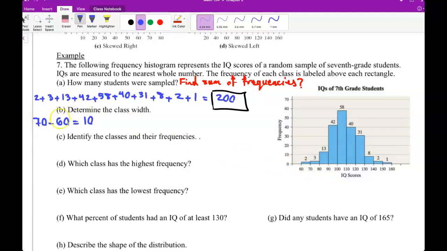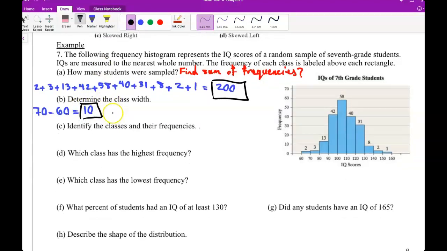Doesn't matter which one you write here, but you should have the same class width, which is 10. So here, subtract any two consecutive lower limits.